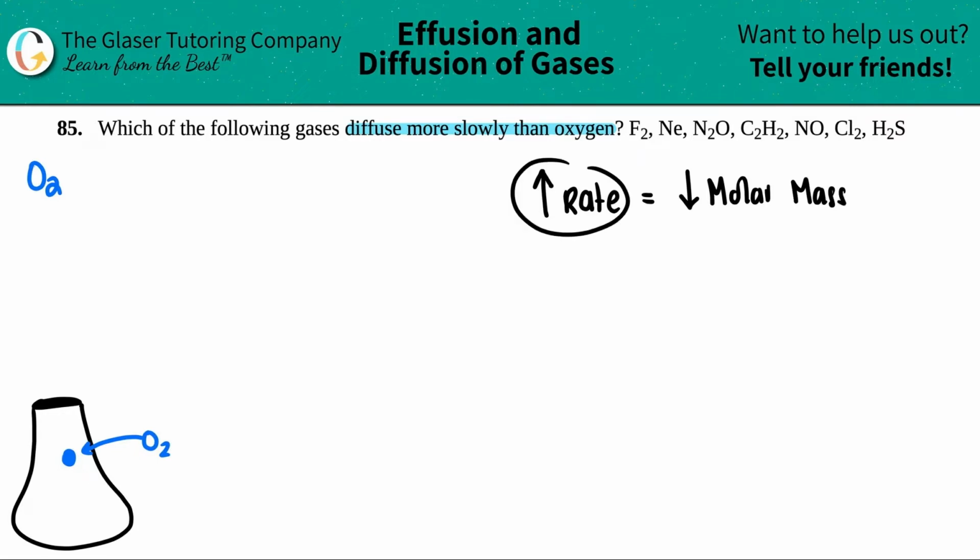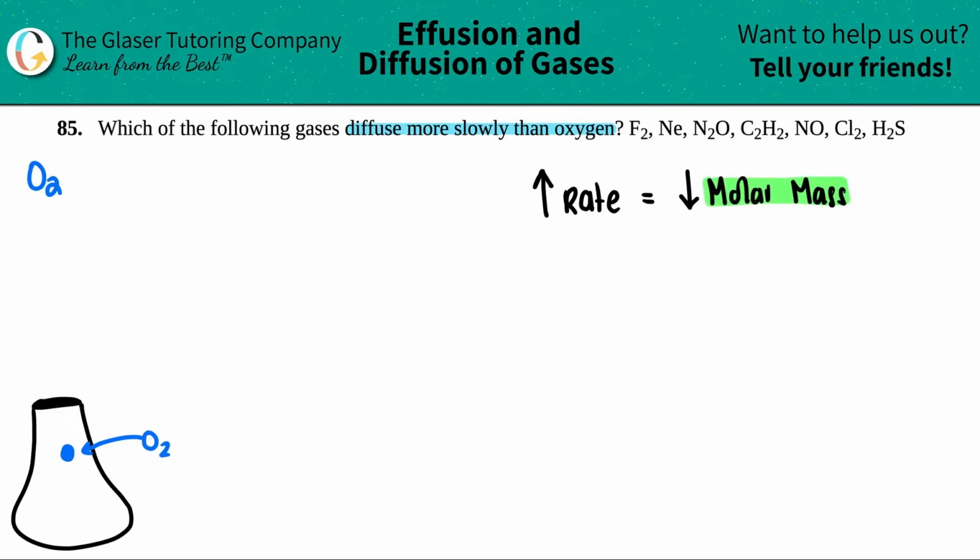So if you want your molecule to be traveling very fast throughout the tube, the molar mass of that gas has to be relatively very low. If your molar mass is very high, it's got a lot of weight, so it's going to take a longer time and less speed to travel throughout the gas. So all it is, is just looking for those molar masses.